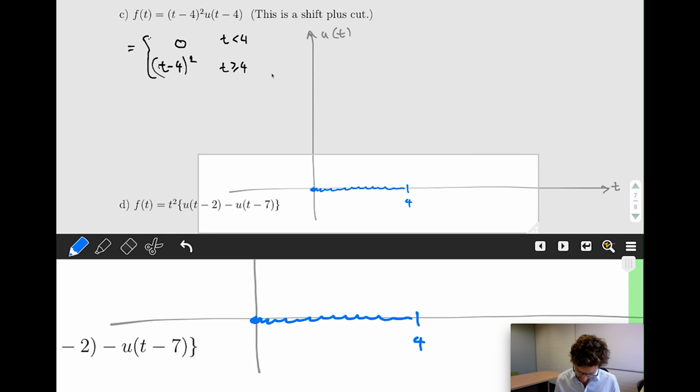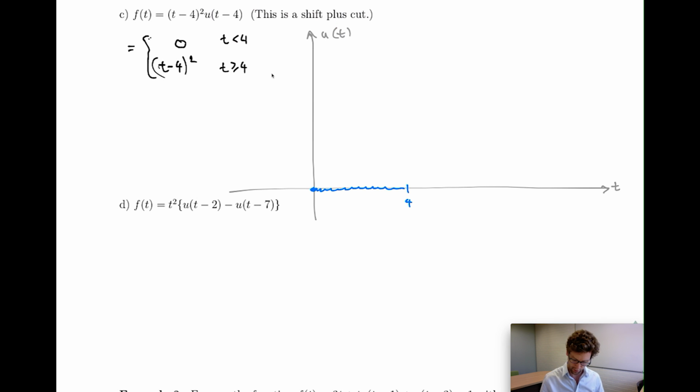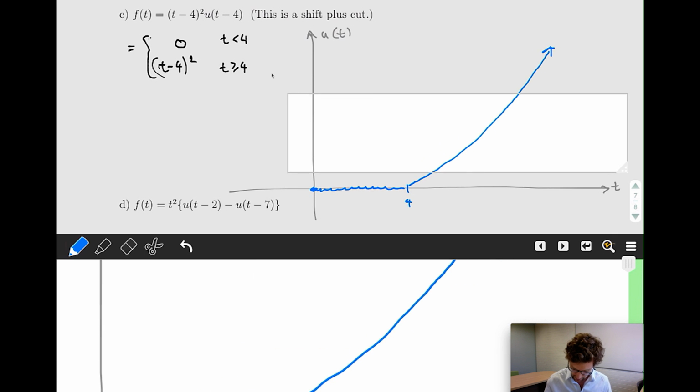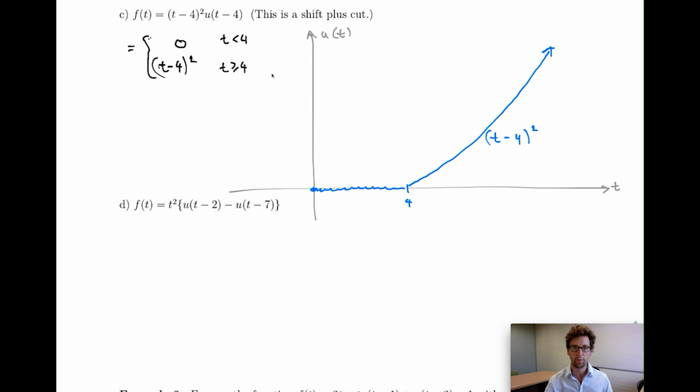But the difference this time is that now I'm going to have not t squared, but t minus 4 squared, which is a shifted version of t squared. So it's going to grow like t squared, but it's been shifted to the right by 4. So the function t minus 4 squared connects with the value of the function at t is equal to 4. So we call this a shift plus a cut.